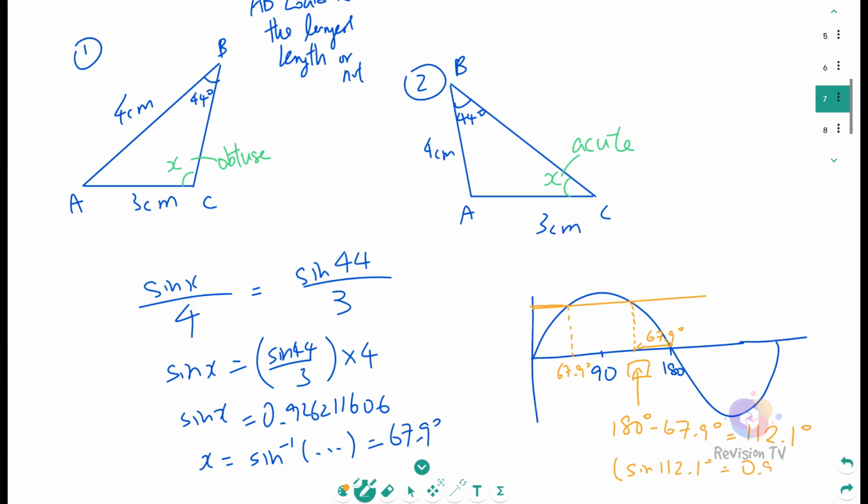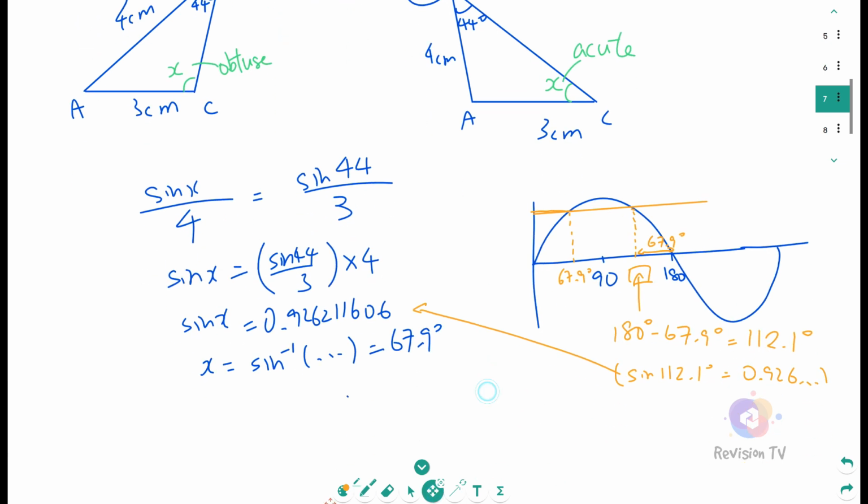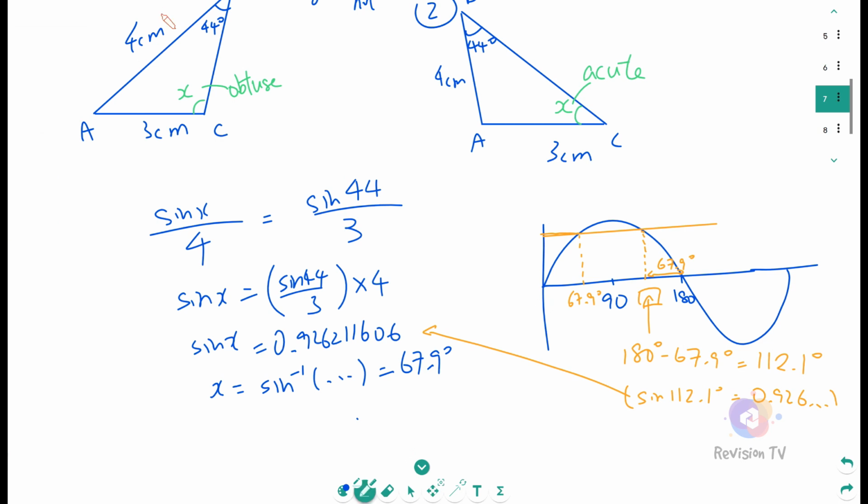It should give you back 0.926, same as that one. So the two possible values: angle ACB could equal 67.9 degrees or 112.1 degrees. That's the ambiguous case.